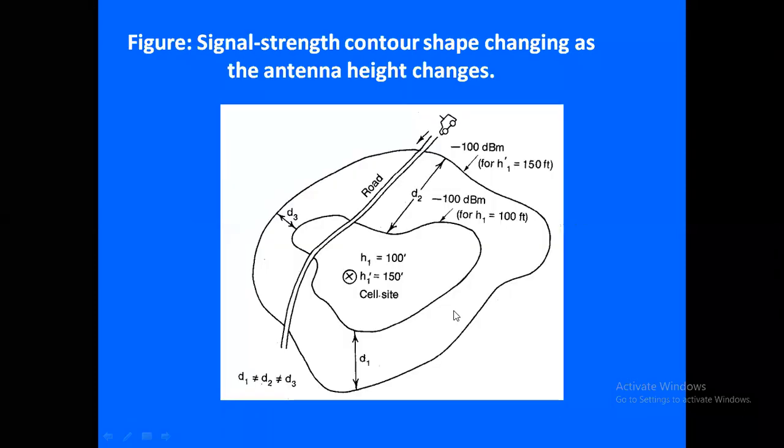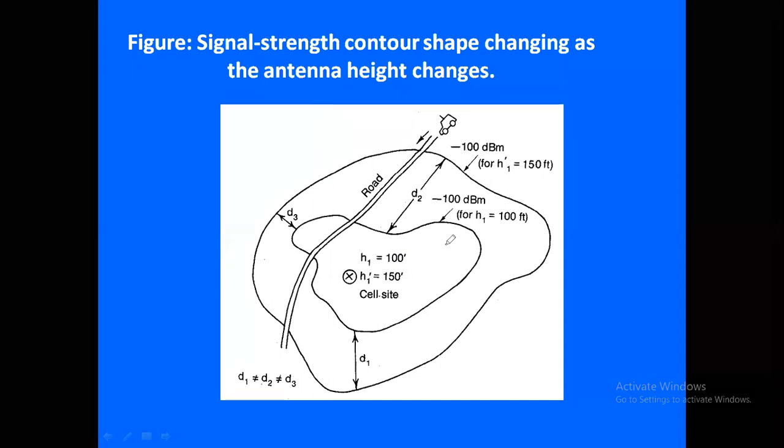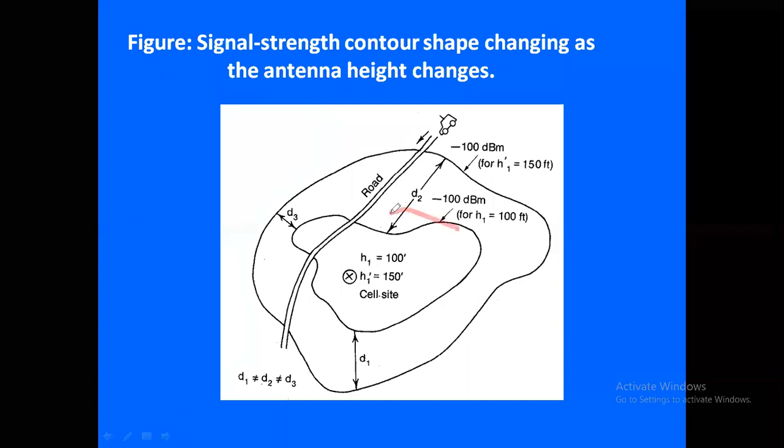So this is one boundary. We have antenna height H1 as 100 feet and H1 dash as 150 feet. For H1 of 100 feet, this is the contour, whereas for H1 dash of 150 feet, this is the contour.